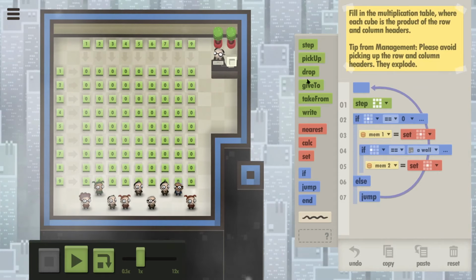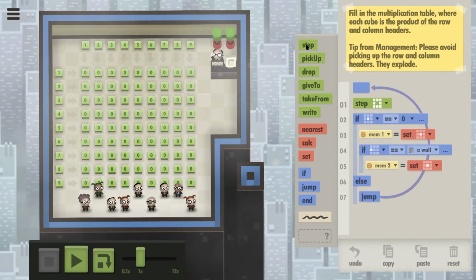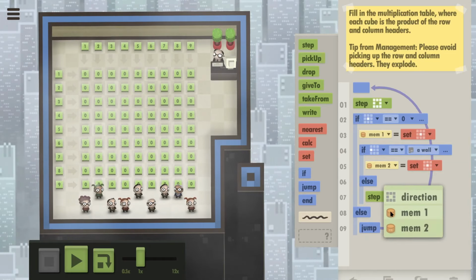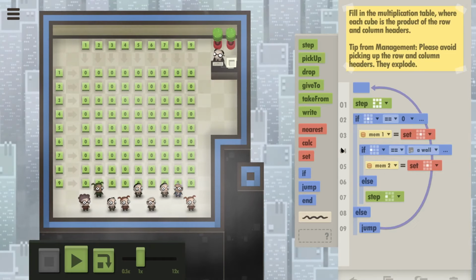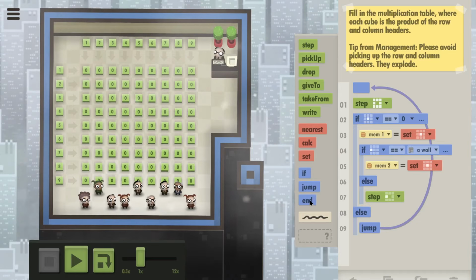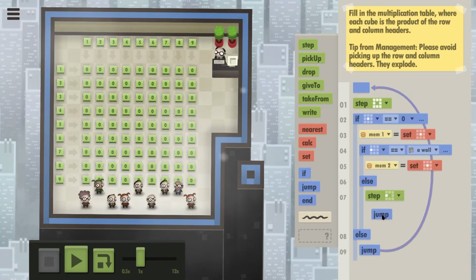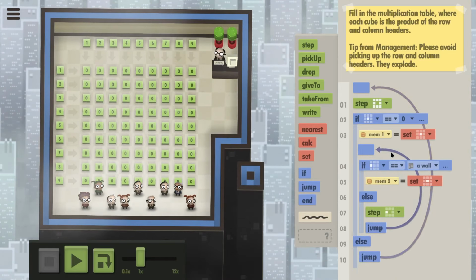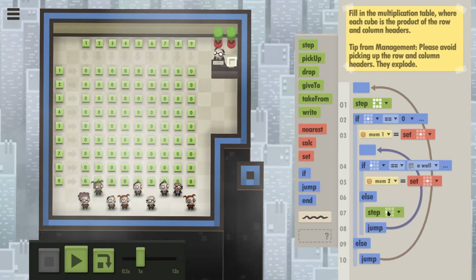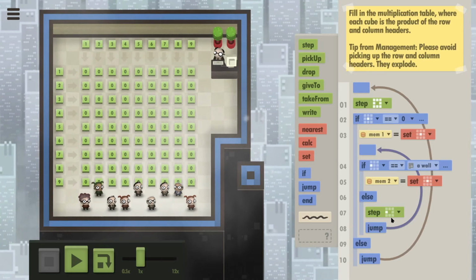Else, step left. Jump to here. Okay. Step left.